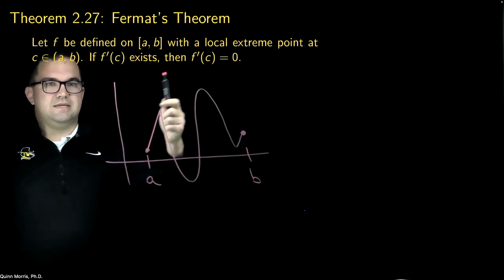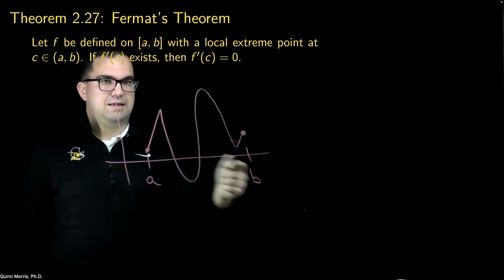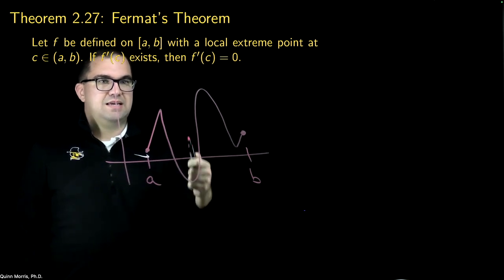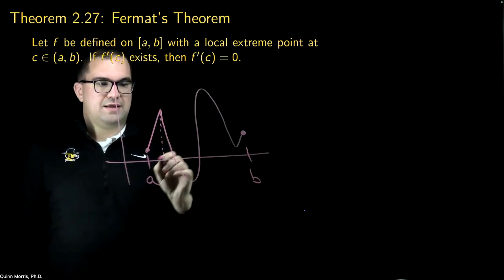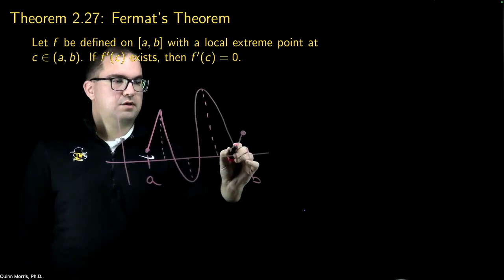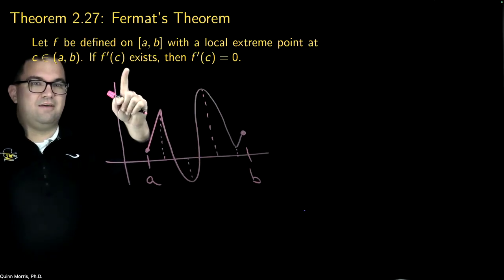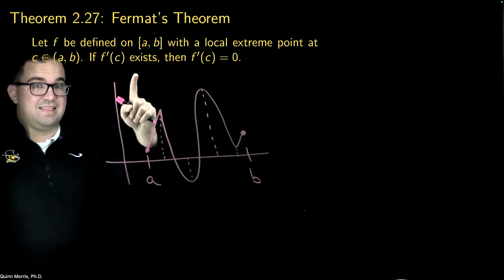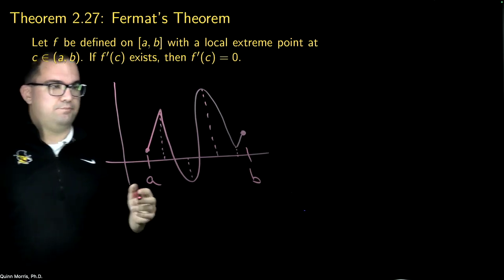What this theorem says is, if we are at some point C in between A and B, and C is a local extreme point, so here is a local maximum, here is a local minimum, here is another local maximum, here is another local minimum, then if the derivative exists at that point, the derivative must be equal to 0.